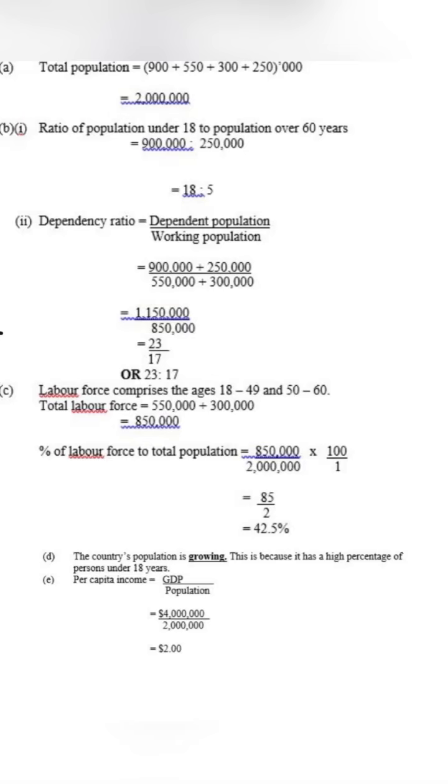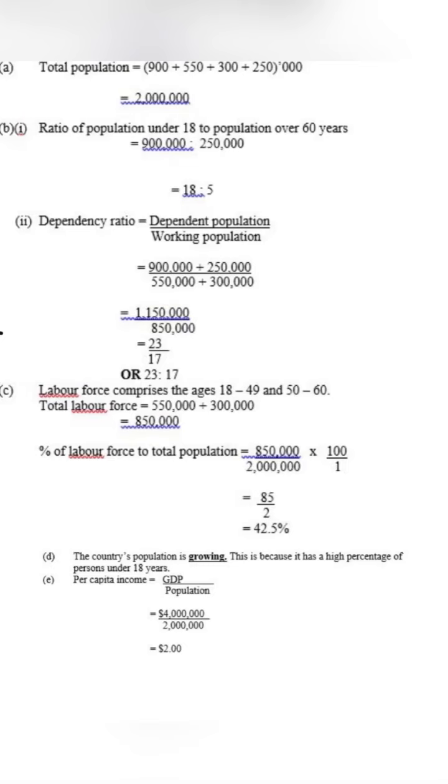The question is asking us to find the percentage of the labor force. So therefore, the percentage of the labor force to the total population is 42.5%. This is done by dividing 850 representing the labor force over the 2 million population.